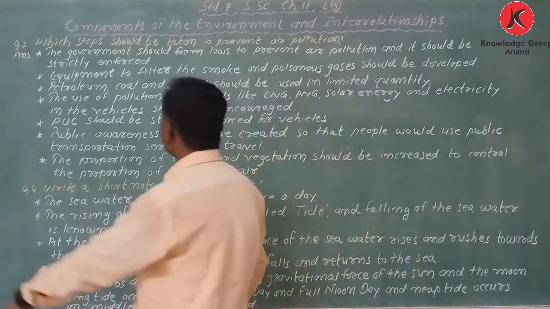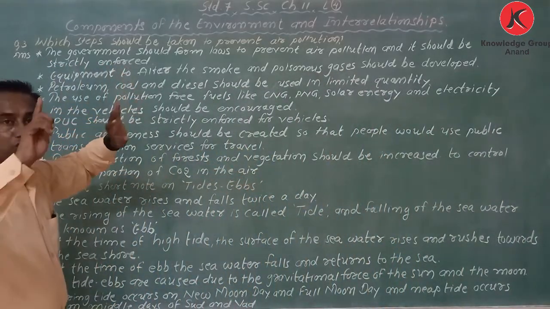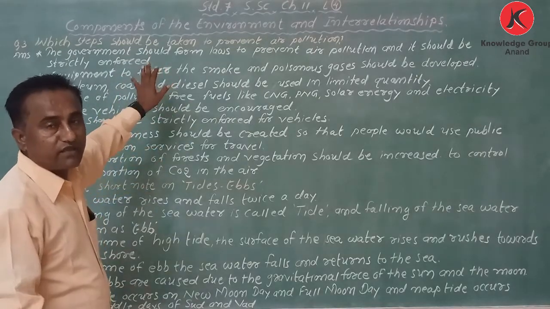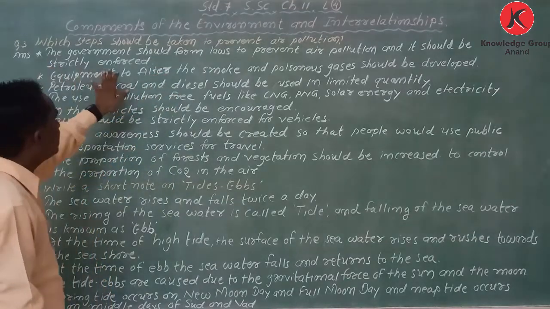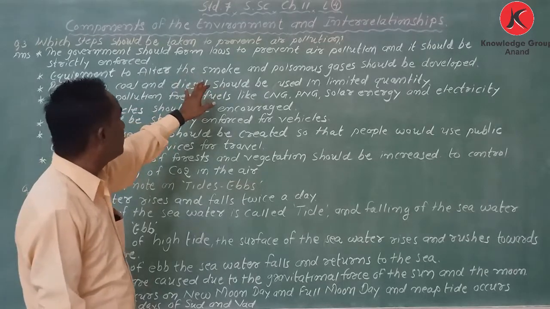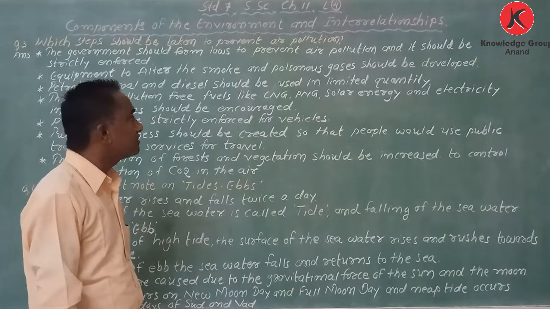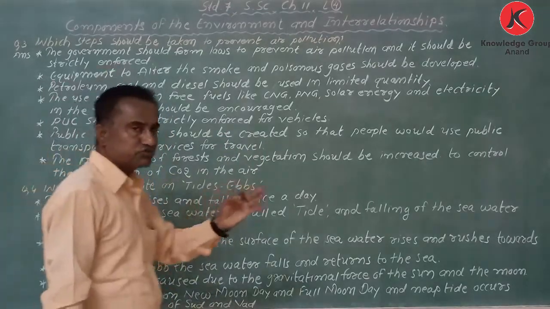Number one, the government. It is not only the government's duty, it is our duty also. Here we are talking about the government. The government should form laws to prevent air pollution, and they should be strictly enforced.